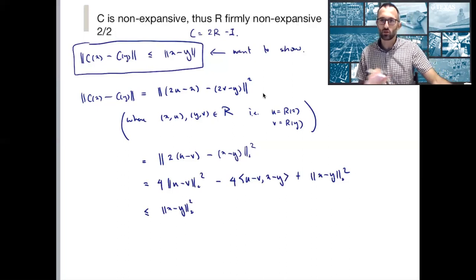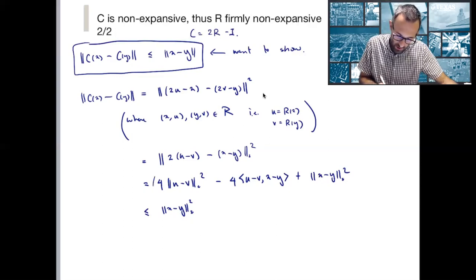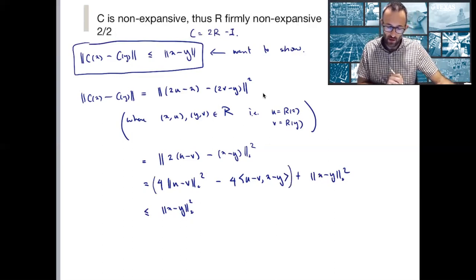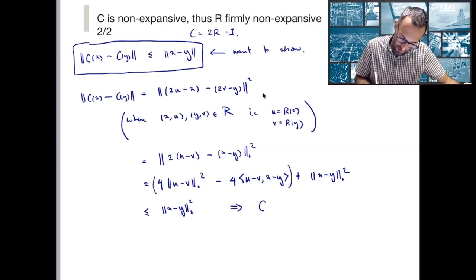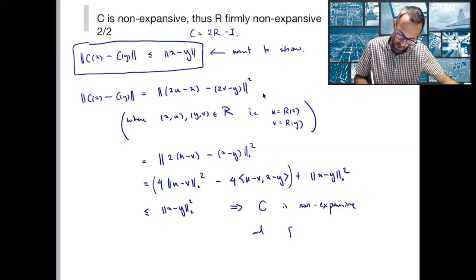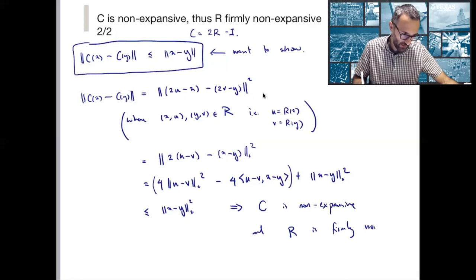This is again just using what we already saw on the previous slide. So in other words, this is non-negative, this is non-positive. If I drop it, I only make things bigger, and I have exactly what I want for C of x minus C of y. So this shows that C is non-expansive, and therefore R is firmly non-expansive.